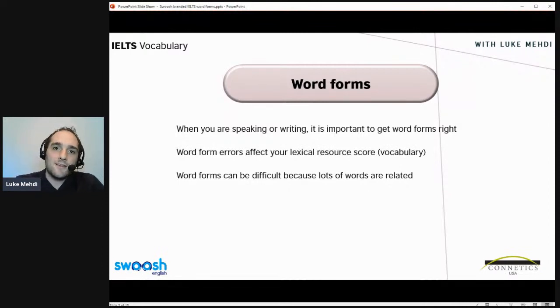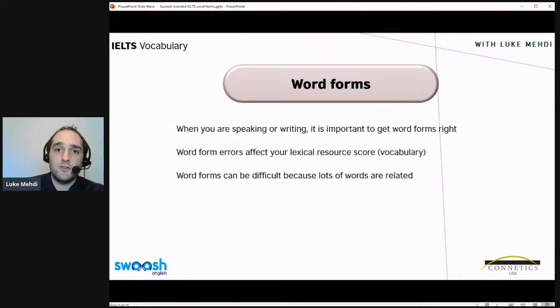The problem that people have with word forms is that lots of words are related. So we take the same root of a word and we might add a different ending to make it into a noun or verb or adjective. Usually we take the verb and modify the verb. So we are going to look at some examples there. And one of the problems that people have is that when they are trying to use a word, maybe they should be using it as a noun, but in fact they use it as a verb form or an adjective form, and that can have quite a big effect on your lexical resource score.